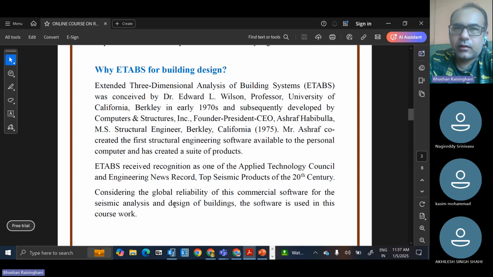Also the nonlinear methods of analysis are covered in an elaborate way in their codes, and that is the reason we are choosing ETABS as a global tool that is helping structural engineers in designing RCC buildings.